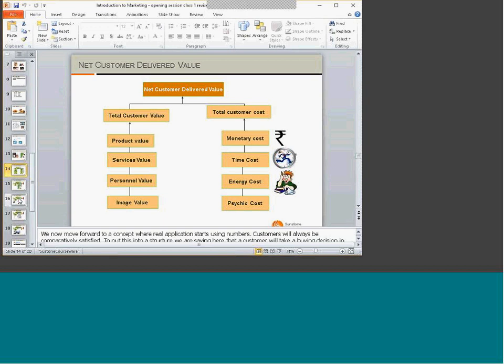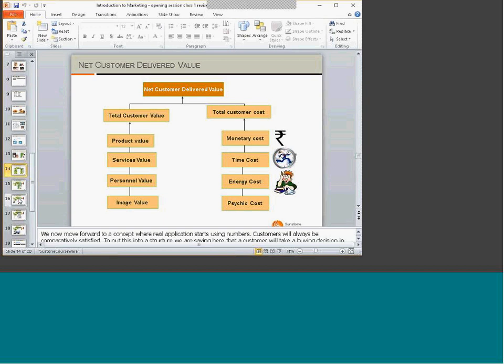The iPhone 6 is priced at 60,000 and Samsung is priced at say 40,000. And still the net customer delivered value of the Apple phone is greater by 10,000 than the Samsung S6. So if we add another 5,000 monetary cost to the Apple, it will still have a higher NCDV and it is still likely to sell the same numbers.